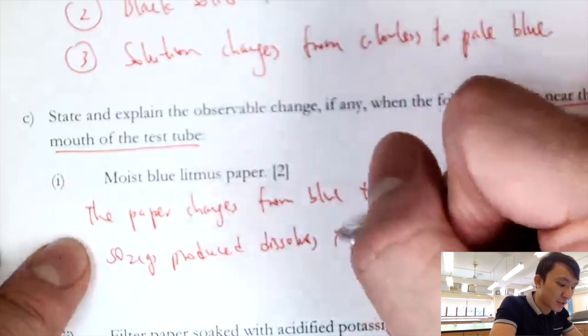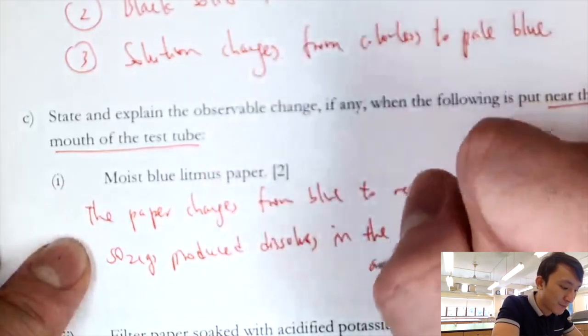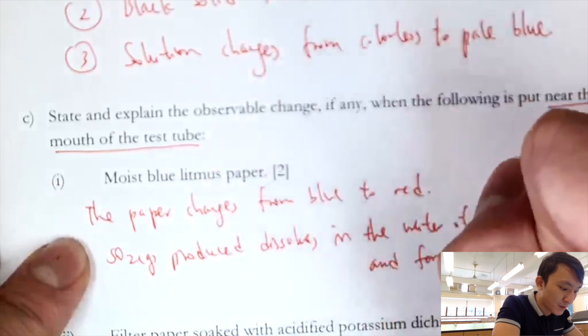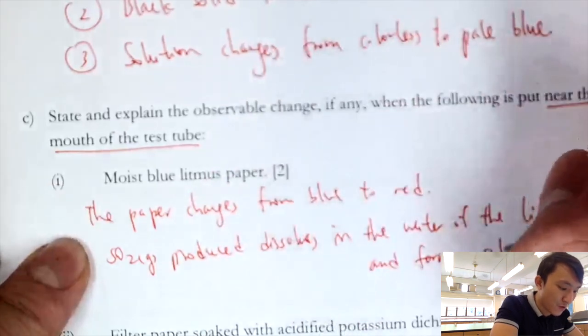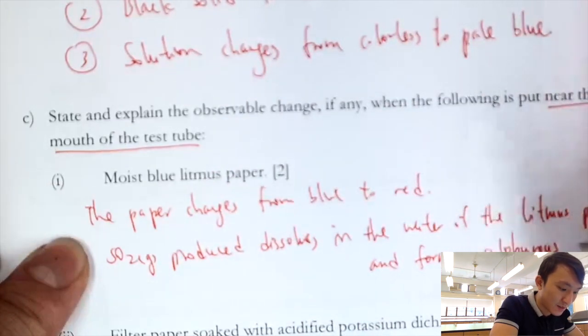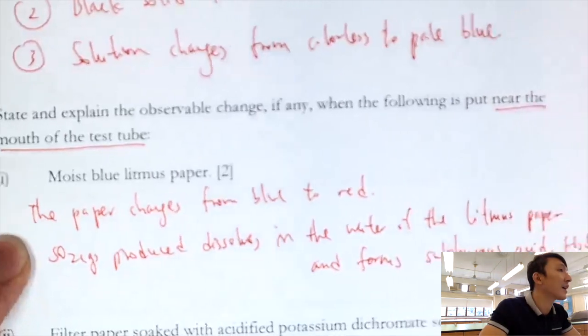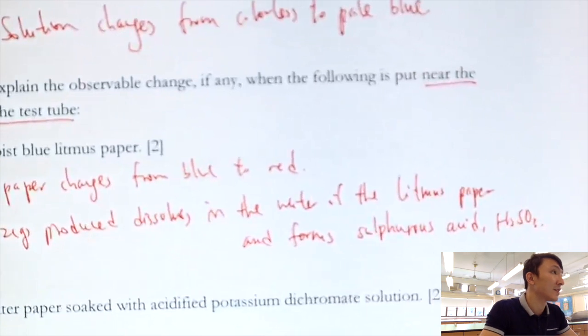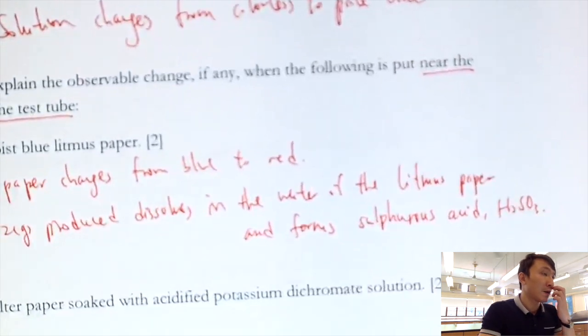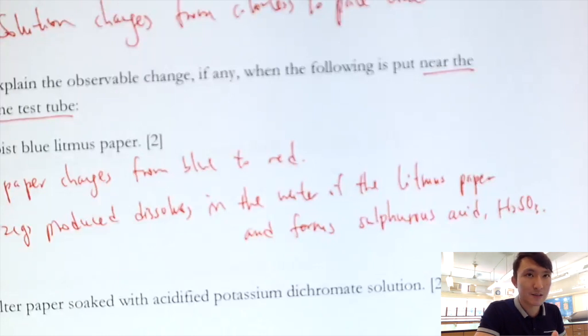It dissolves in the water of the litmus paper and forms sulfurous acid, H2SO3. Okay, sulfurous acid. Now bear in mind it's not sulfuric acid because you need sulfur trioxide to form sulfuric acid.